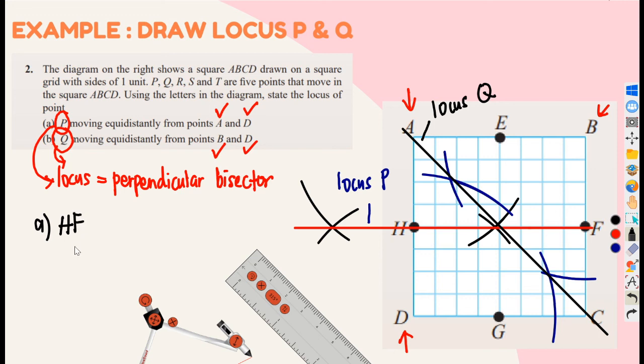This is the locus for question A. And B here is actually a straight line, which is A and C. So the answer for this one is AC. This is the locus for the perpendicular bisector.